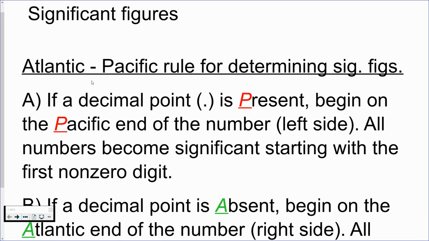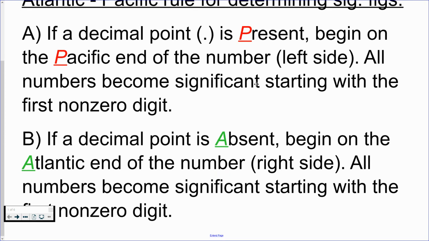So what this rule tells us is, if a decimal point is present, aka P for Pacific, we're going to start on the Pacific side. So we're going to start on the left-hand side, okay? And we're going to count all digits as significant after the first non-zero.